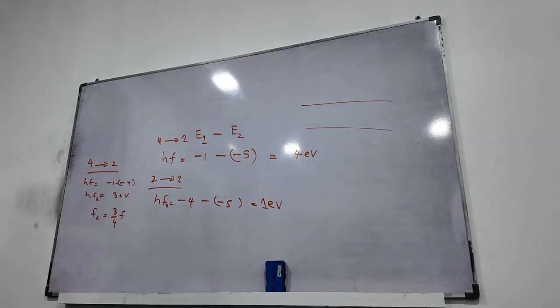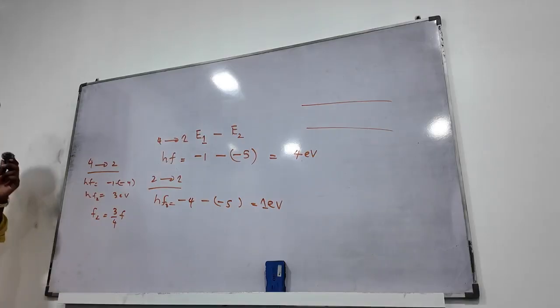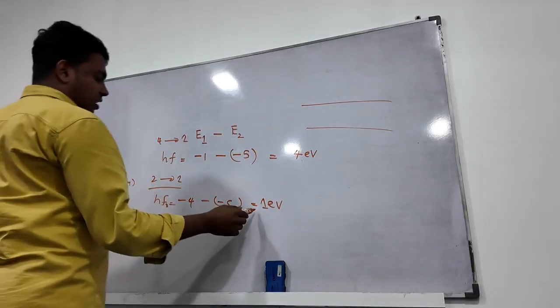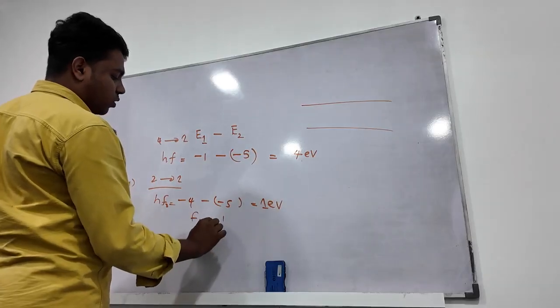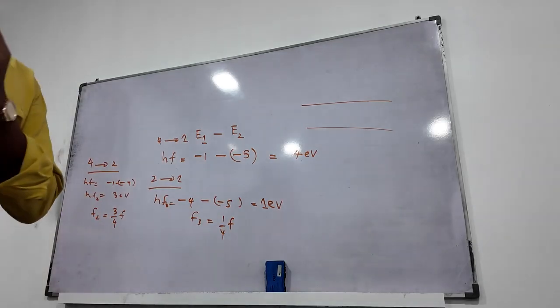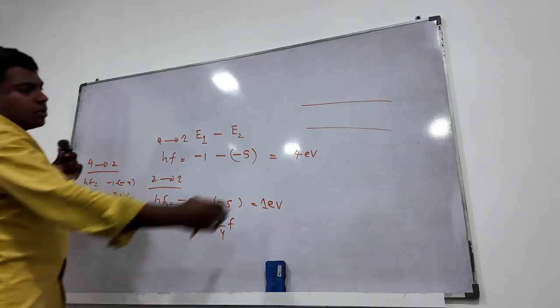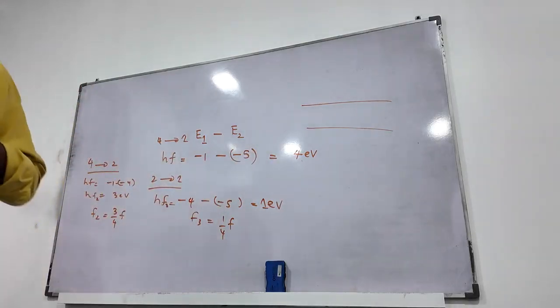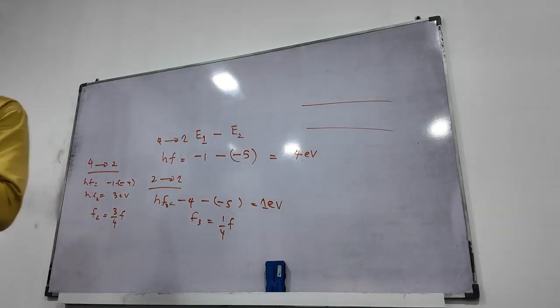In terms of F, this will be 3 over 4 F. F3 will be 1 over 4 F. Is it clear? Then this 1 over 4, 3 over 4, 1 over 2 and 3F, those values are possible.